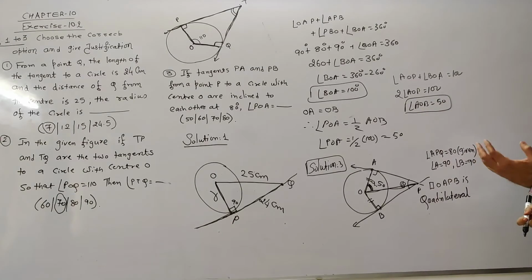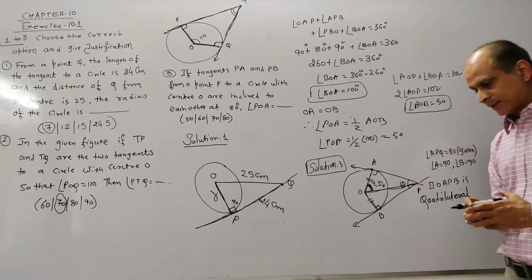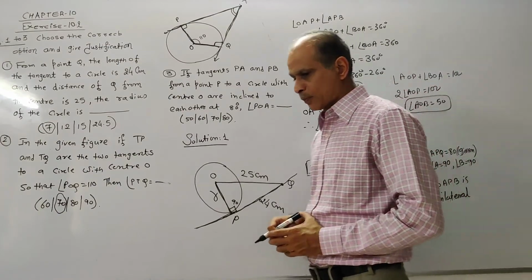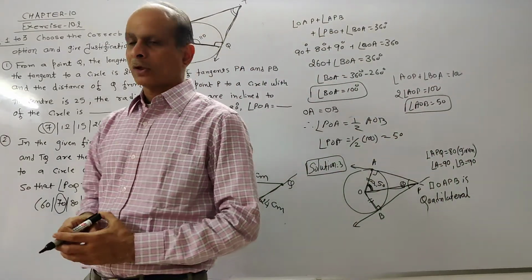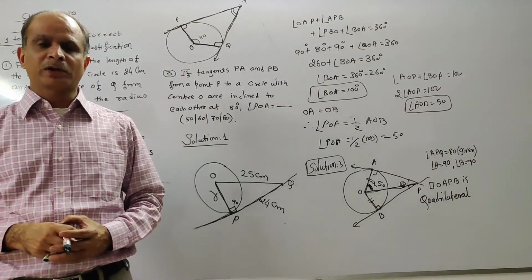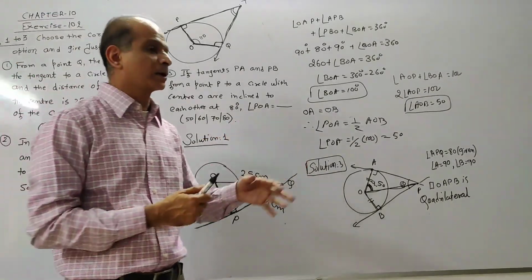So friends, in these three examples we have used concept number 9, and that is the radius of a circle is always perpendicular to the tangent of a circle.